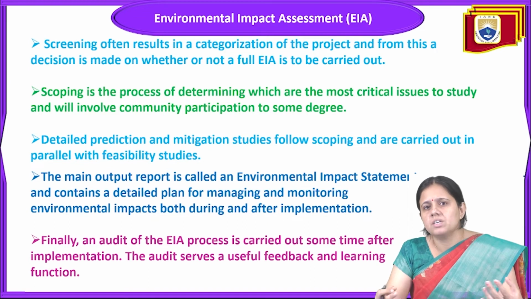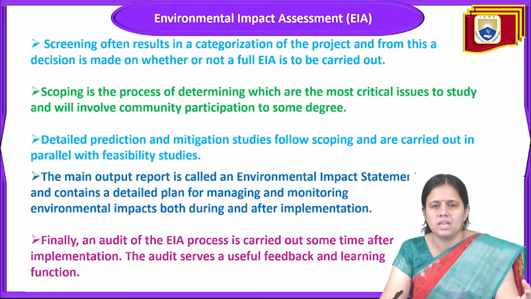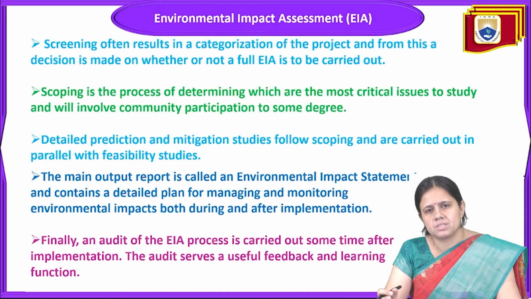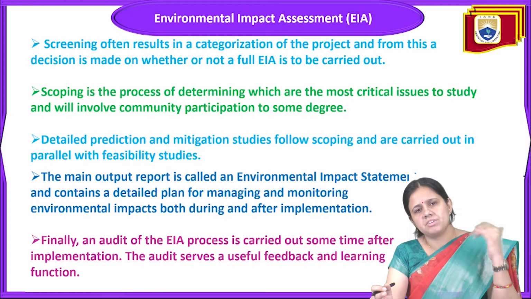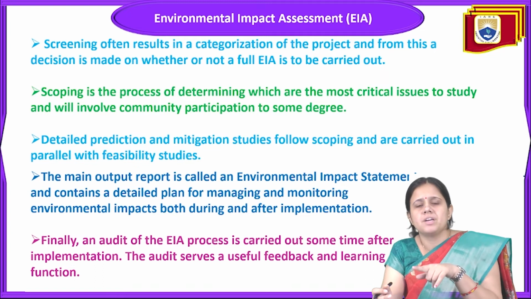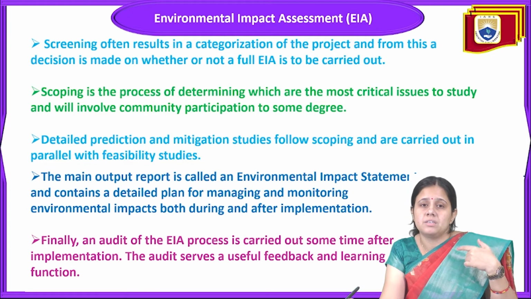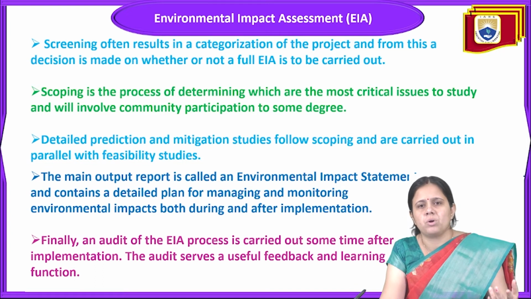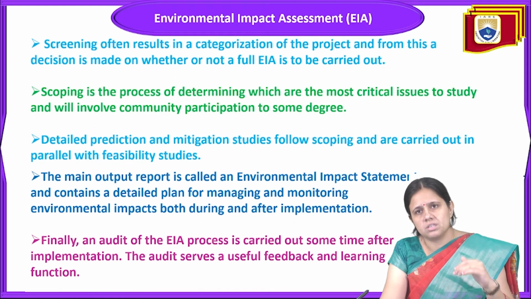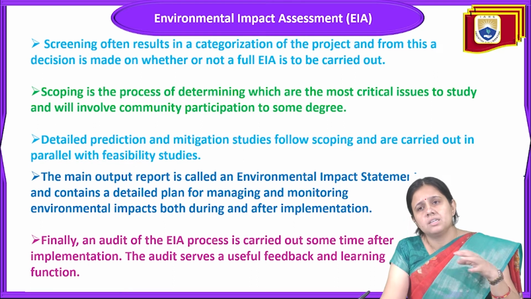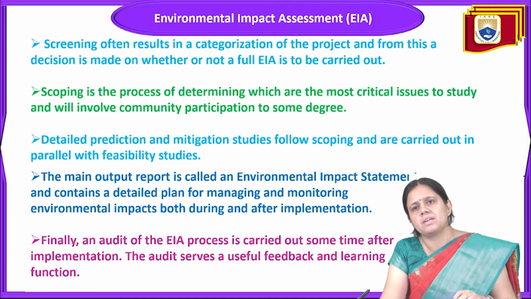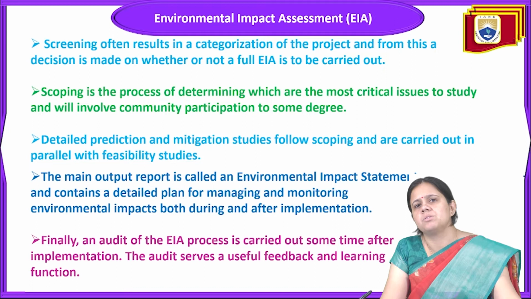For example, if a dam project is going to start, then in the scoping process they will take the feedback of the local people living around that area, whether they are directly or indirectly going to be affected by the project, so that the EIA authority will take feedback from those persons also, and they will also participate in the decision making of this project.